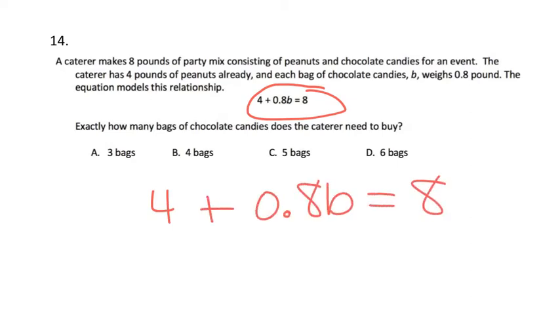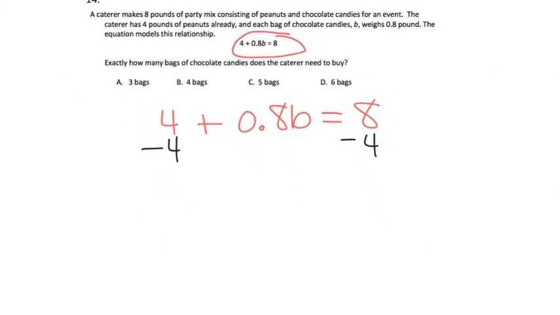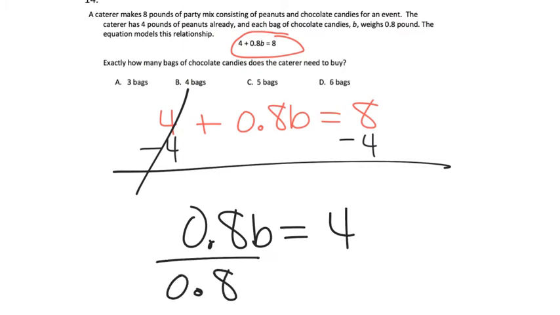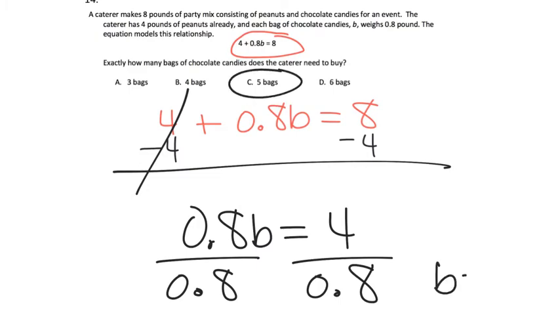So step 1, let's get rid of our plain number. The opposite of plus 4 is minus 4. What I do to one side of the equal sign, I do to the other. So I'm left with 0.8b equals 4. Divide each side now by 0.8, and you should end up with the answer of 5.